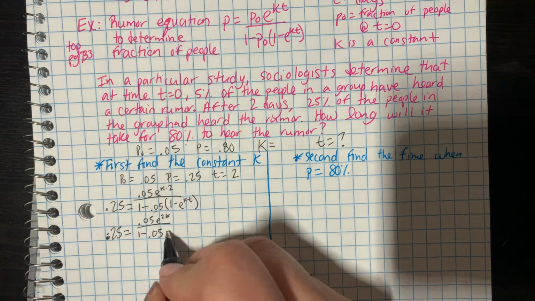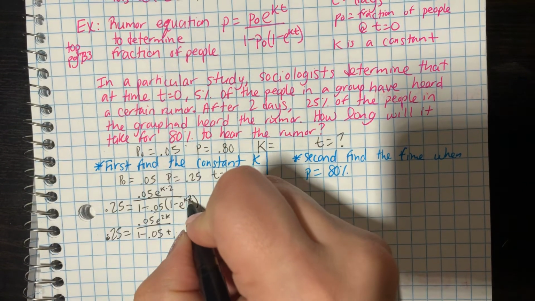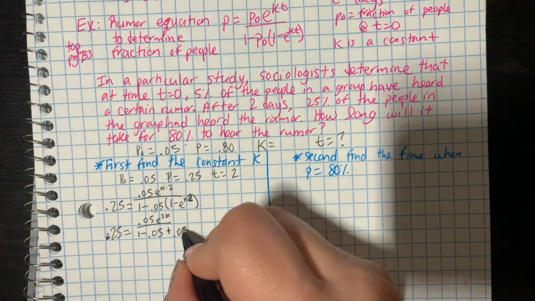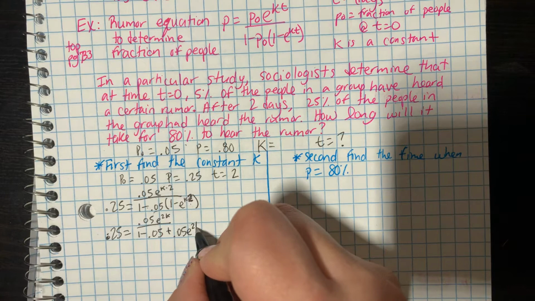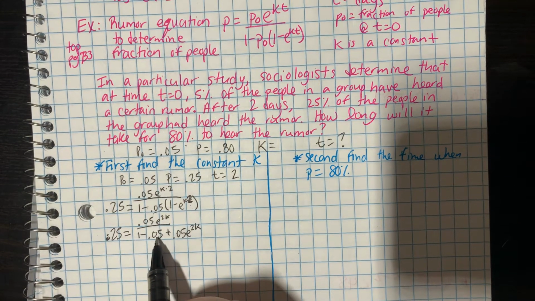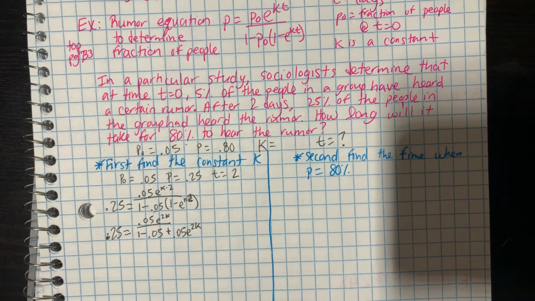I have minus minus, so plus, oh, this t should have been a 2, plus 0.05 e to the 2k. We could subtract this, so we could get a 0.95.